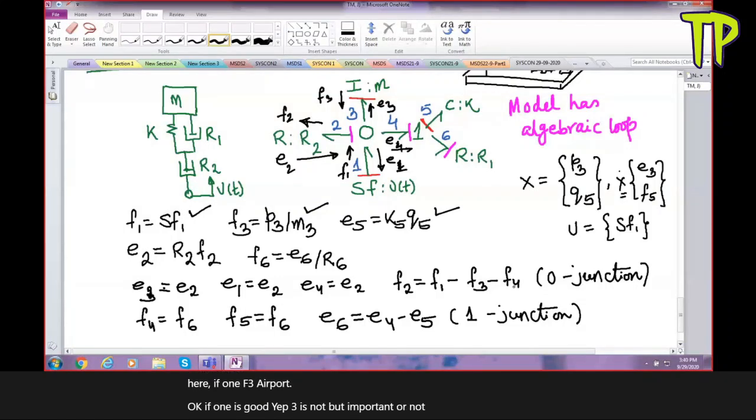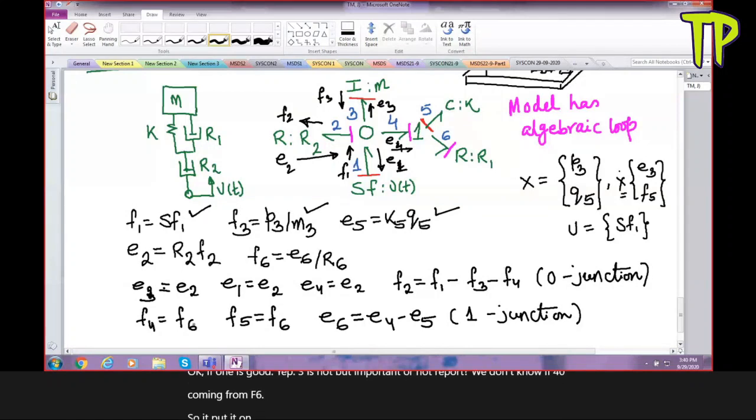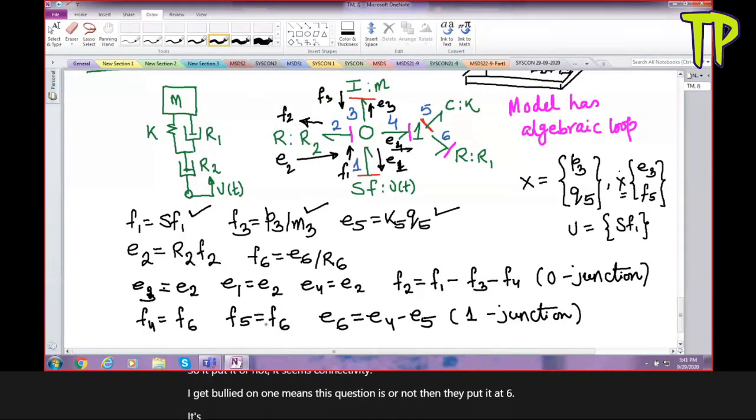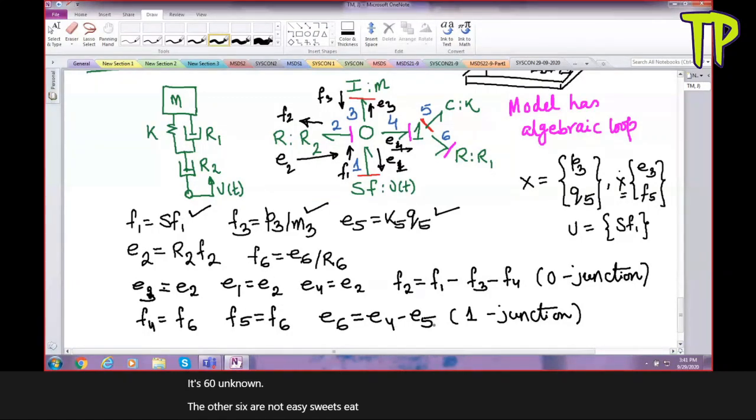F4 we don't know. F4 is coming from F6. So F4 is unknown, F6 cannot be written. F4 is unknown means this equation is unknown. Then F4 is F6, and F6 is unknown. E6 is E4 minus E5. E5 is known, but E4 is unknown. So basically we cannot proceed here.